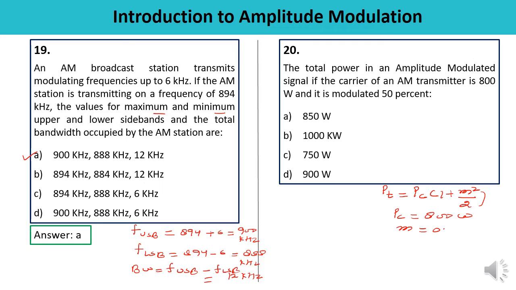The modulation index is 0.5. Substitute these two values and simplify, and you will get a total power of 900 watt. So the answer is D. Just substitute the values, you can check the answer.